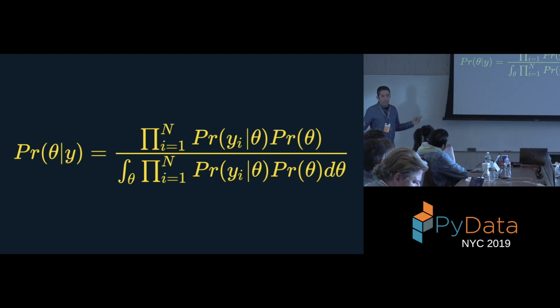The denominator is just the numerator integrated over all values of the unknowns, theta. So you integrate out your unknowns. So we call it the marginal likelihood, actually. The reason it's difficult is that theta can be pretty big, right? There can be lots of parameters in your model. Even the simple regression model that we're about to fit has 3 parameters: an intercept, a slope, and a variance or standard deviation of the error, right?